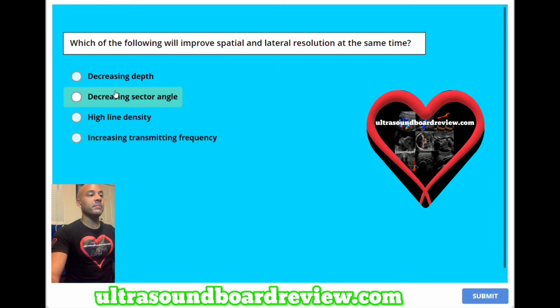A, decreasing depth, B, decreasing sector angle, C, high line density, or D, increasing transmitting frequency? The answer is C, high line density.